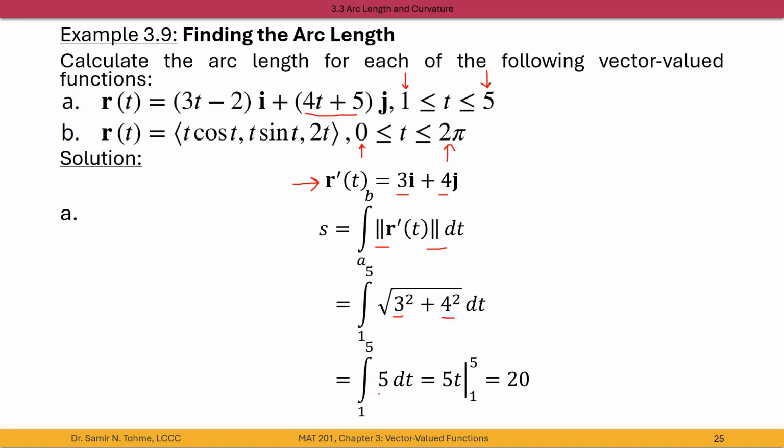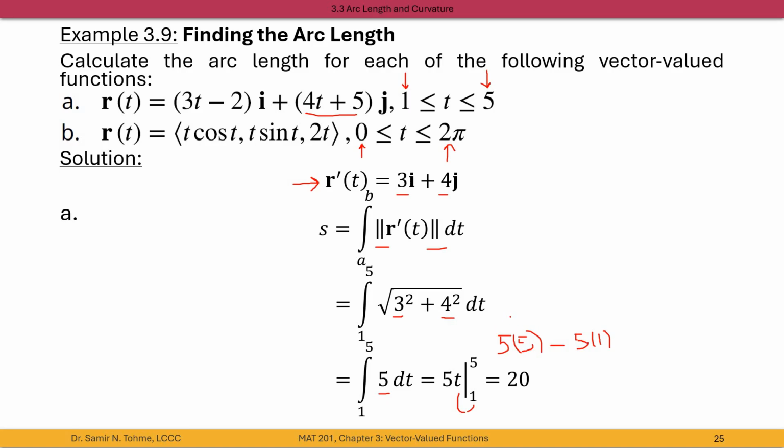Radical 25 is 5. Now we want to integrate between 1 and 5. The integral of 5 is 5t, and replace these values in 5t. You will have 5 times 5, replacing 5 in t, minus, replacing 1 in t, 5 times 1.